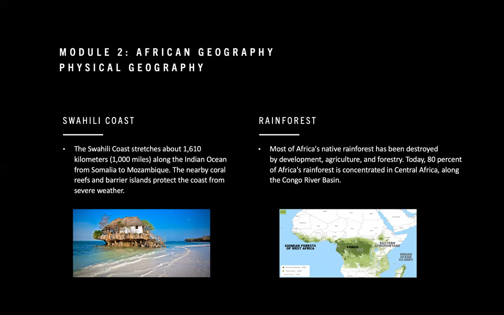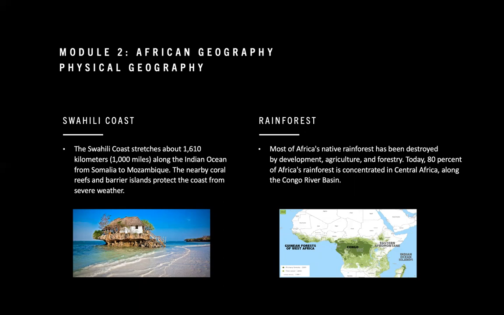Then you have the rainforests, mostly found in the central states of Africa. Namely Congo, Guinea, Nigeria, other parts of Angola, Zambia, Tanzania. So here you can see the native rainforests of Africa. And indeed, 80% of today's African rainforests are concentrated in this region, known as Central Africa.